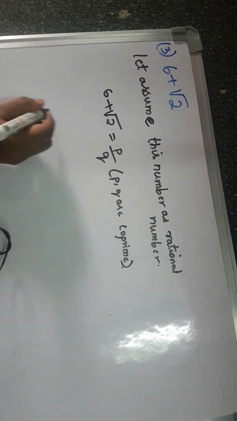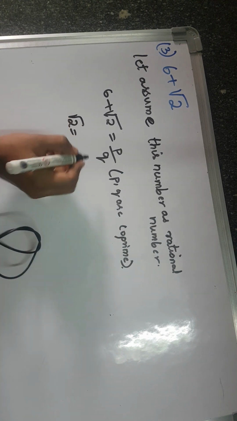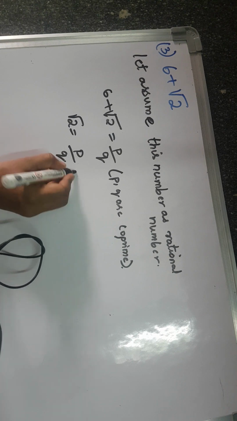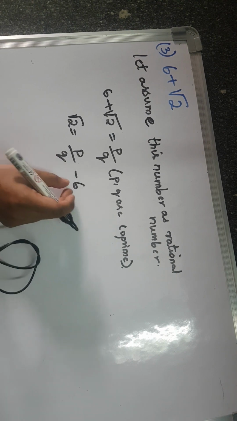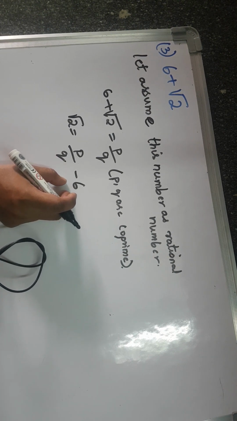Now root 2 equals p by q minus 6, because this is not the irrational number, so we are taking it directly towards the right side.